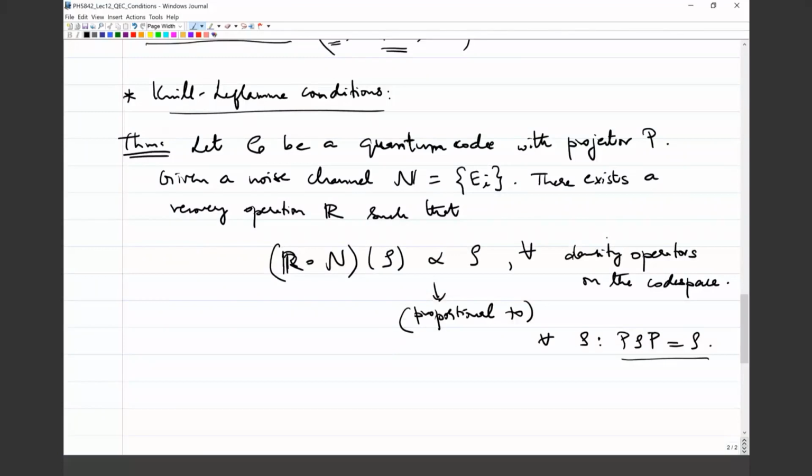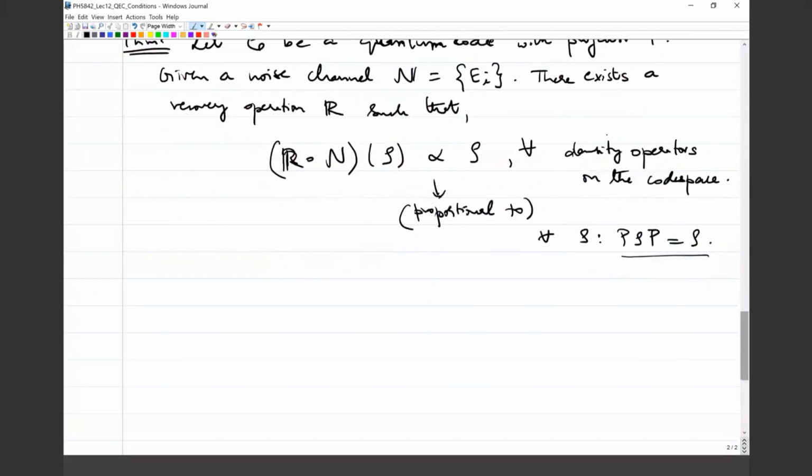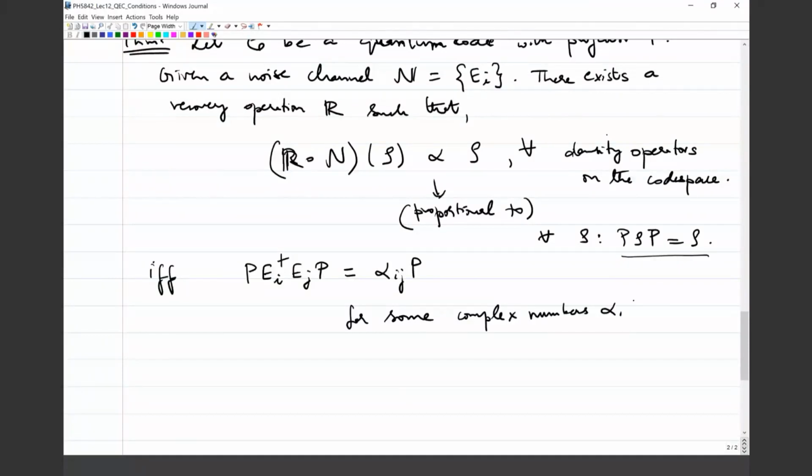So there exists a recovery operation which satisfies this property if and only if P E_i dagger E_j P is alpha_ij P for some complex numbers alpha_ij, right?